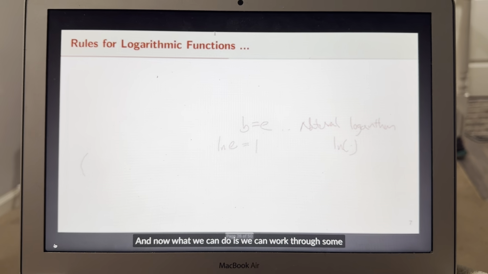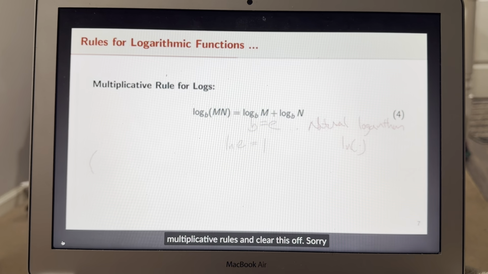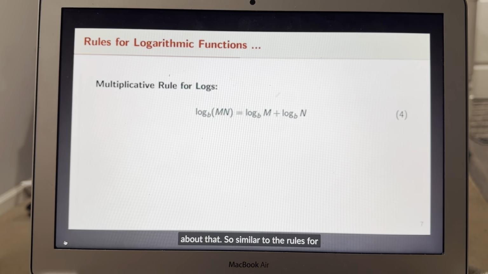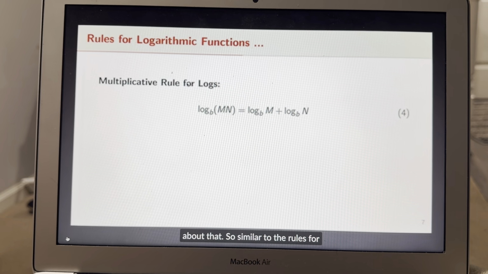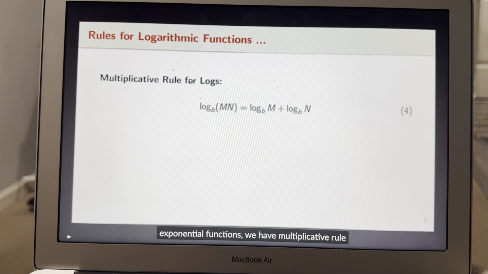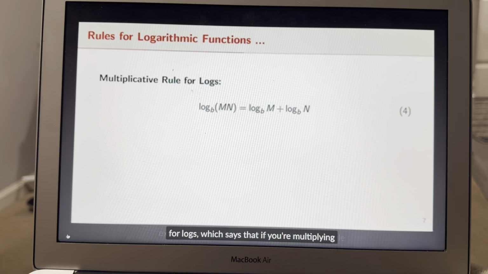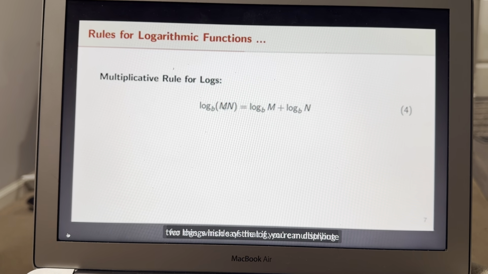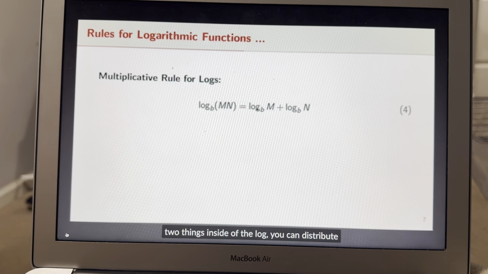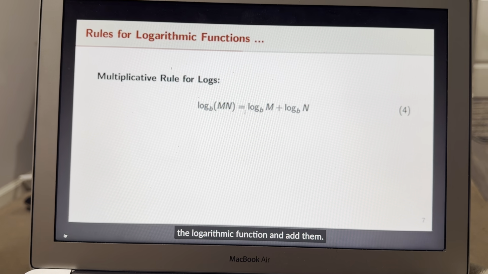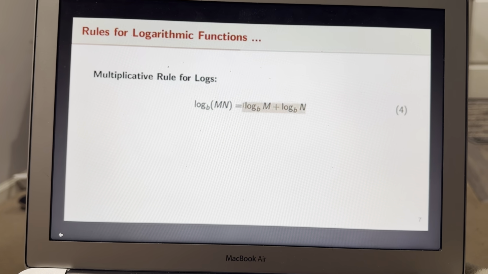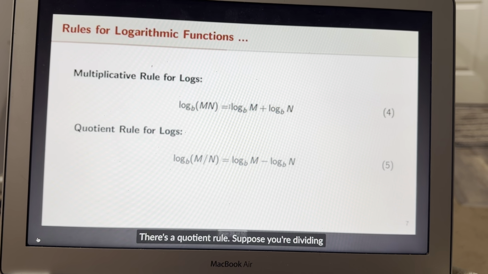And now we can work through some multiplicative rules. Similar to the rules for exponential functions, we have a multiplicative rule for logs, which says that if you're multiplying two things inside of the log, you can distribute the logarithmic function and add them. There's a quotient rule.